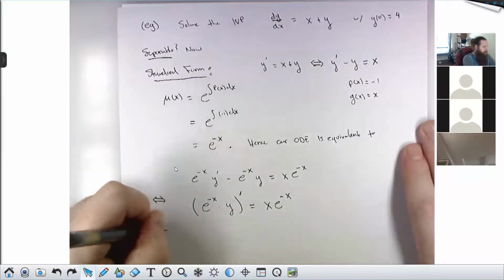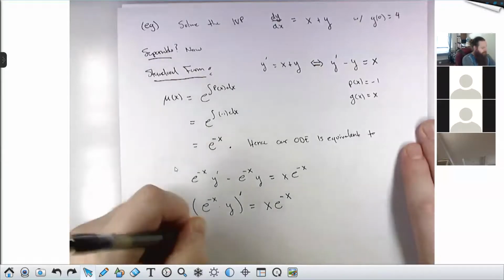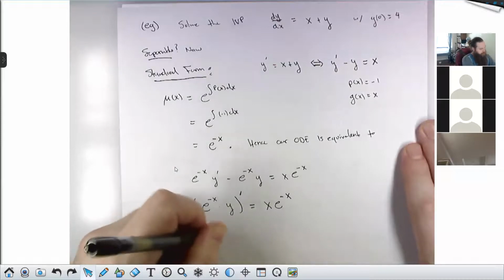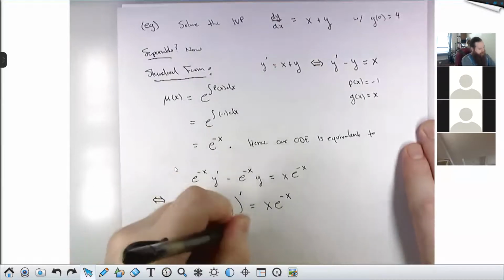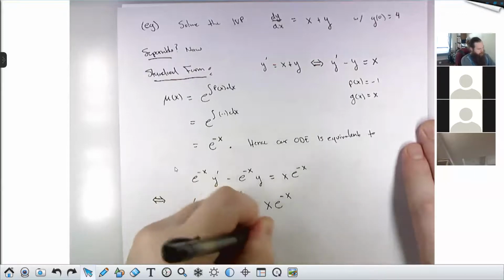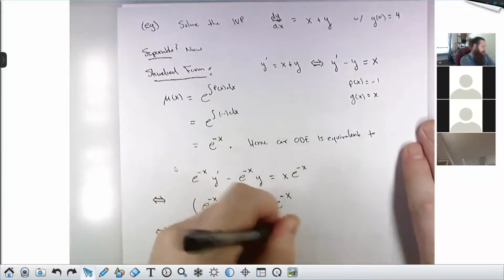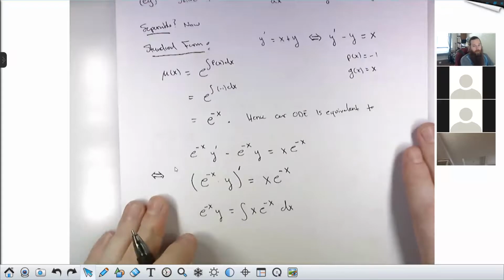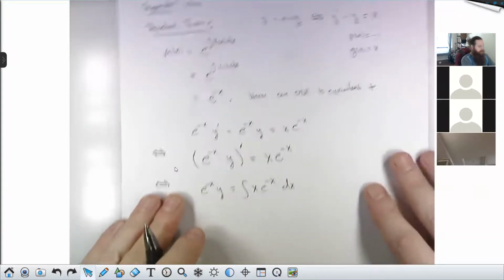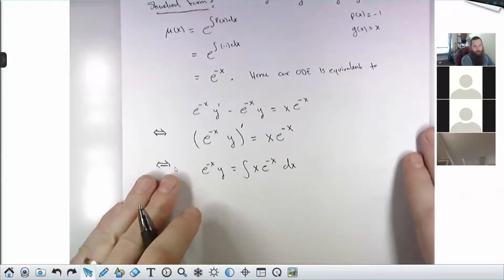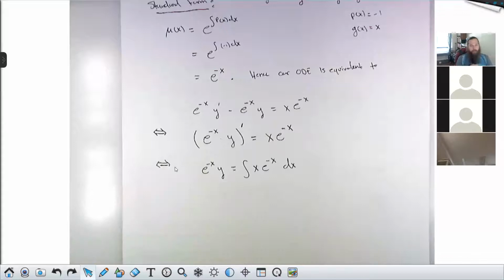So integrate on both sides. When you integrate the prime on the left, you just get the thing inside.